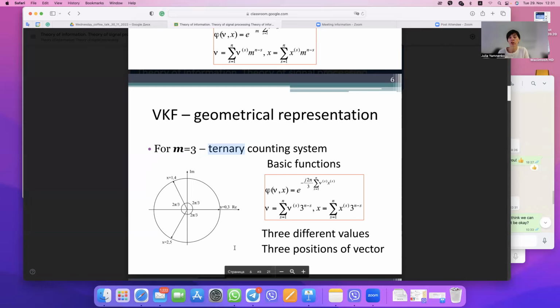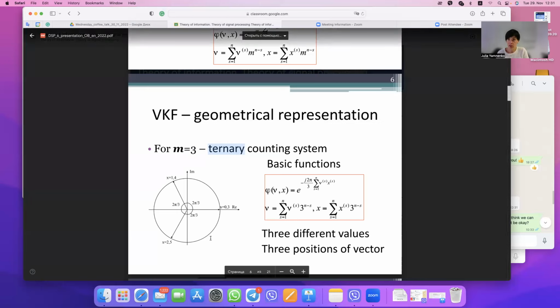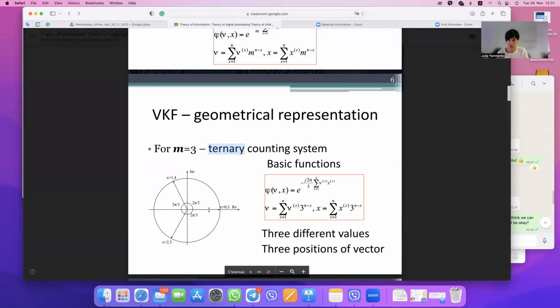Even if the original function is represented by a very large number of values, for example dozens or hundreds or thousands, the different values of the basic function will be only 3. So the vector of the basic function will take place consequently at the 1st, 2nd or 3rd position, and no other different places for this vector.